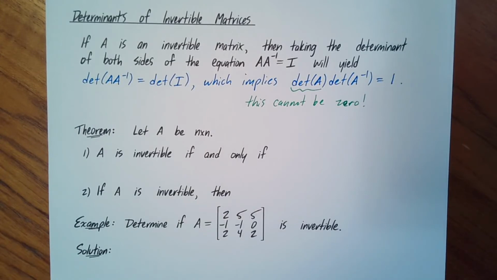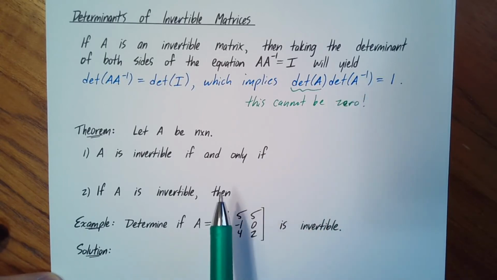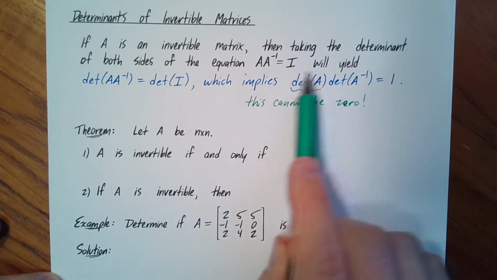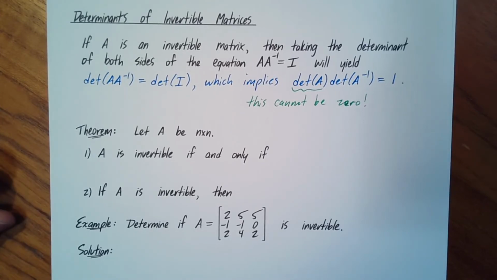And well, the second thing you can get from this is what's going to happen if you divided the determinant of A over to the other side of the equation, you get a formula for the determinant of A inverse. So this is a partial justification of the theorem that I'm going to state below.